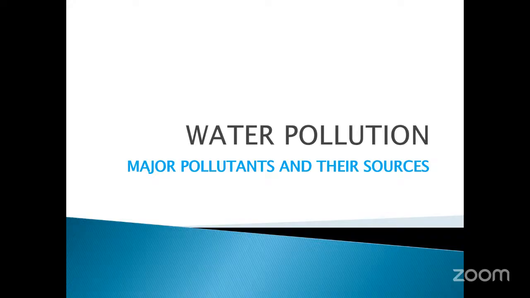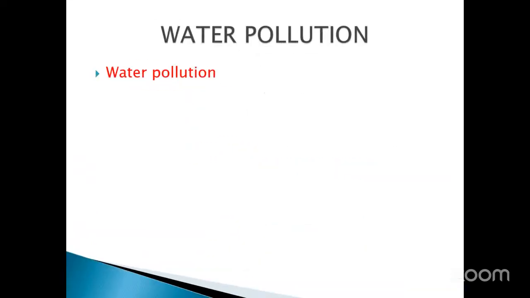Okay, so what is meant by a pollutant? Any unwanted substance released into the atmosphere, any unwanted material that causes pollution, is called a pollutant. It may be an air pollutant or a water pollutant. There are different types of pollutants.